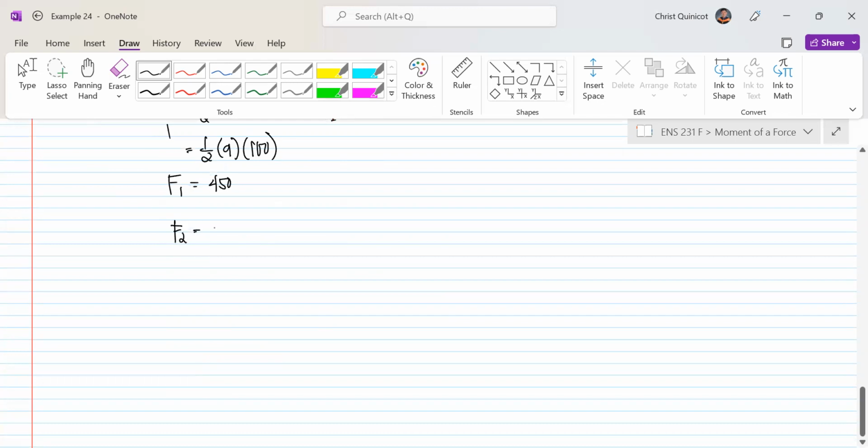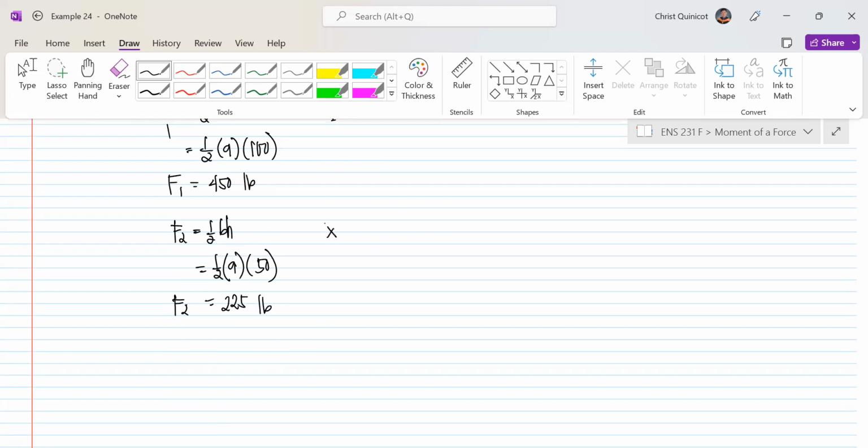Now we have f sub 2. F sub 2 is still 1/2 base times height, and our base is still 9, and our height is 50. So f sub 2 is equal to 9 times 50 divided by 2, that's 225 pounds.